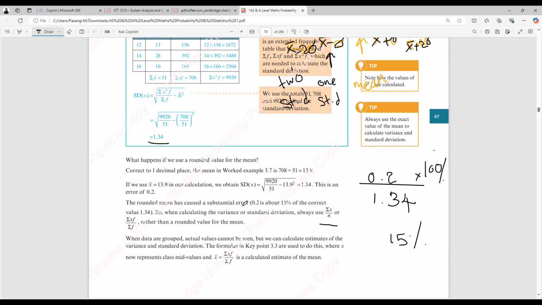That is it. Then you can use these equations, rather than rounding the mean. So when data are grouped, actual values cannot be seen, but we can calculate estimates of the variance and the standard deviation. The formulae in key point 3.3 are used to do this, where x now represents class mid values and x bar is a calculated estimate of the mean.